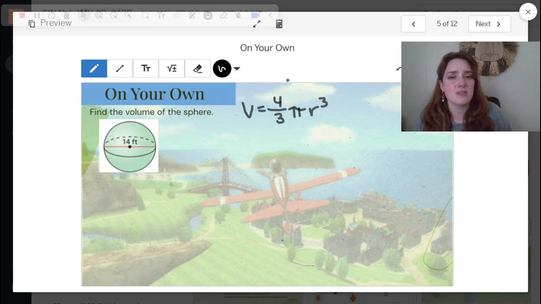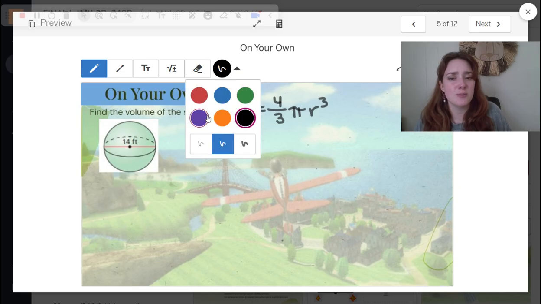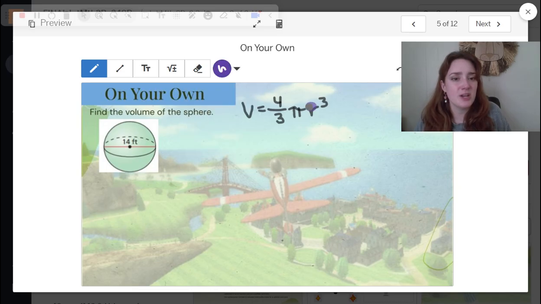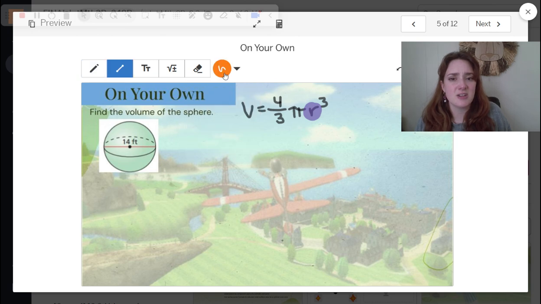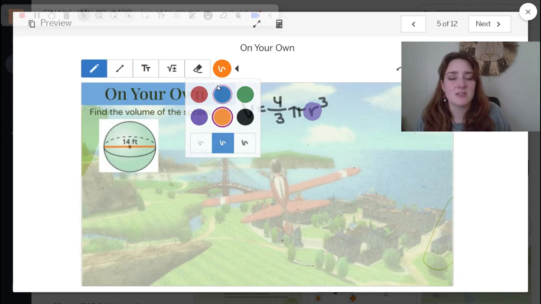Volume of the sphere. For volume, straightforward, we are just plugging in the radius. In our figure, we see the great circle outlined, and it looks like they're giving us the diameter. This is the diameter.